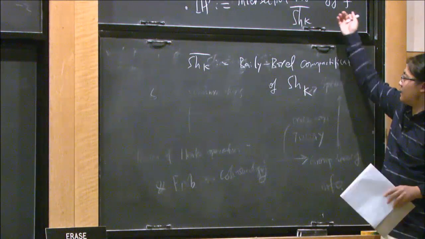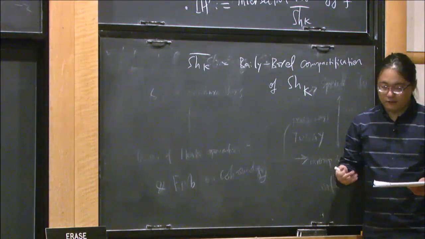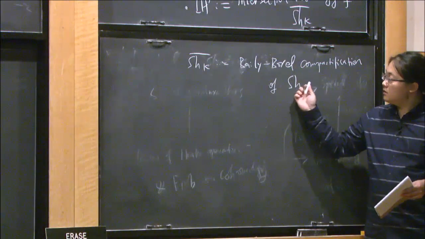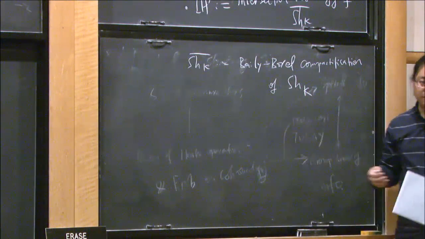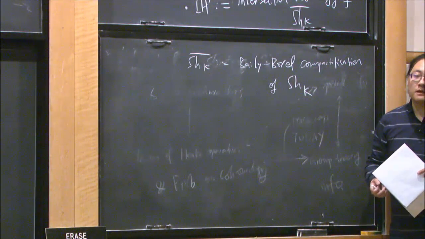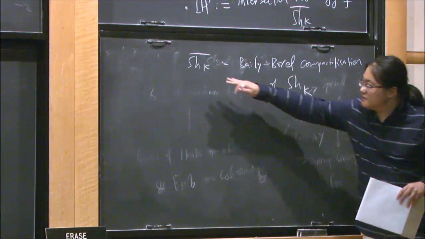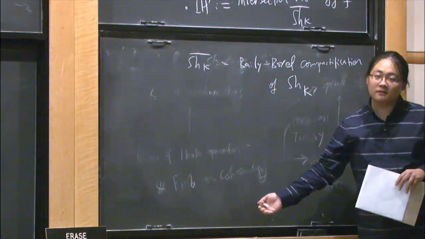By this I mean, you start with your coefficient system on Sh_K, and then you form the intermediate push forward, it's a middle extension, to this compactification. And then it's the étale cohomology of this with coefficients in that sheaf. Okay?